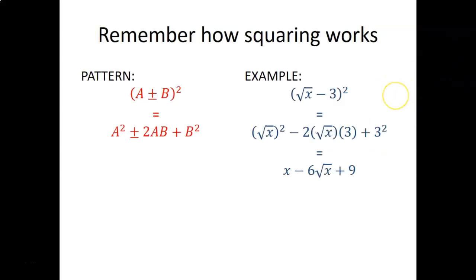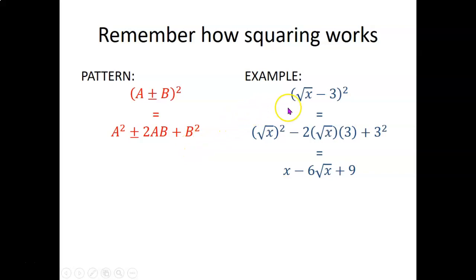And remember what happens when you take a binomial, something plus something or something minus something, and you square the whole thing. You get the first term squared plus or minus 2 times the first thing times the second thing, plus the second thing squared.